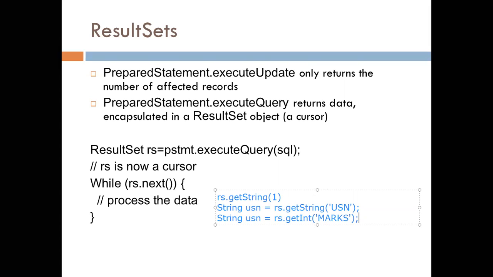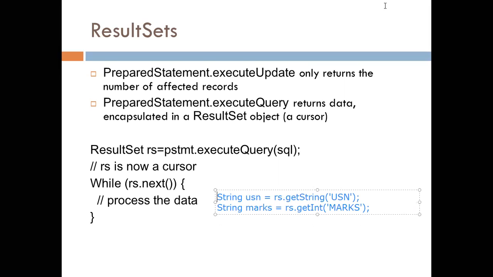Now the USN and marks of the student are extracted in the while loop. Then we can store them in an array and process them in whatever way we want.